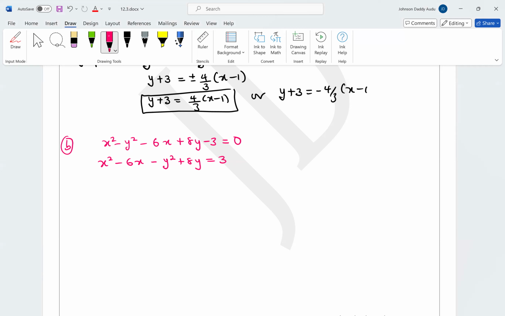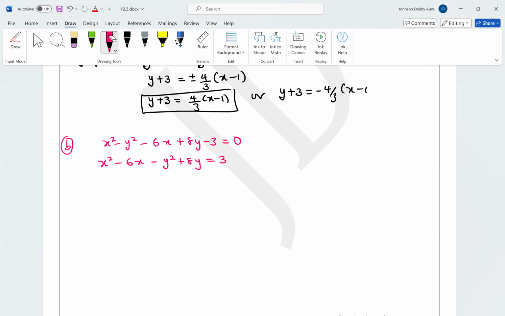So this here, it's already fine. So we can rewrite these as x squared minus 6x plus 9 minus 9, right? Then here, let's put a minus here.